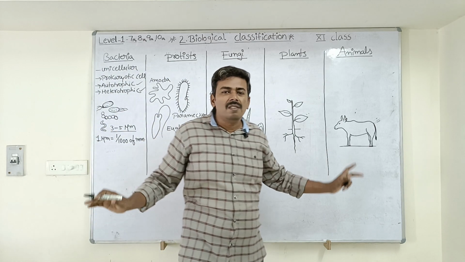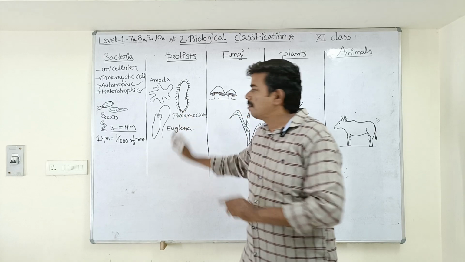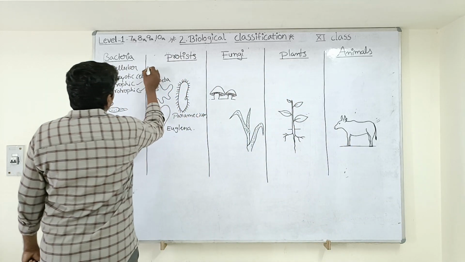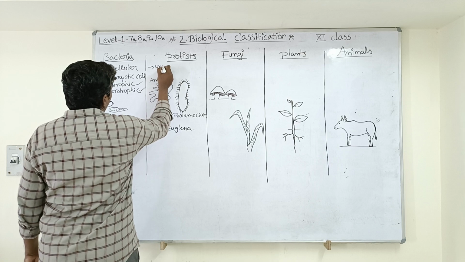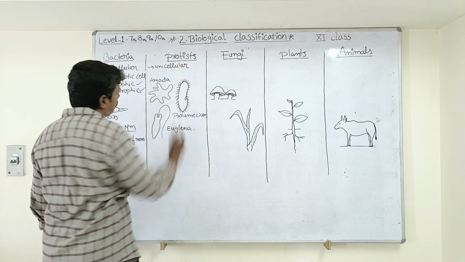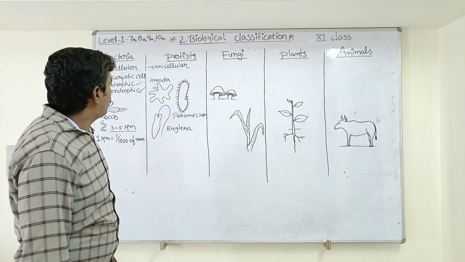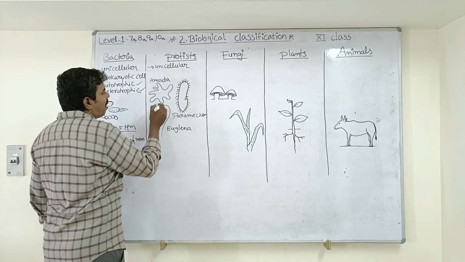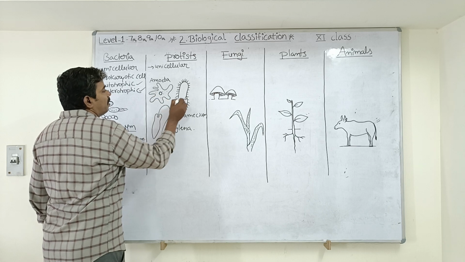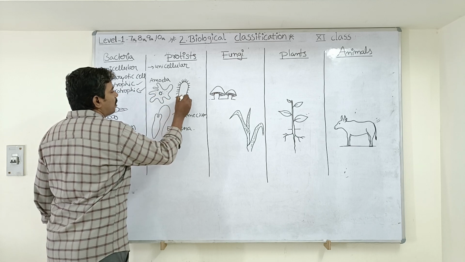All are unicellular organisms. All these organisms are made up of only one cell. That's why protists are also unicellular. And what about the cell? What type of cell do they have? They are made up of a single cell, but a well-defined nucleus is present.